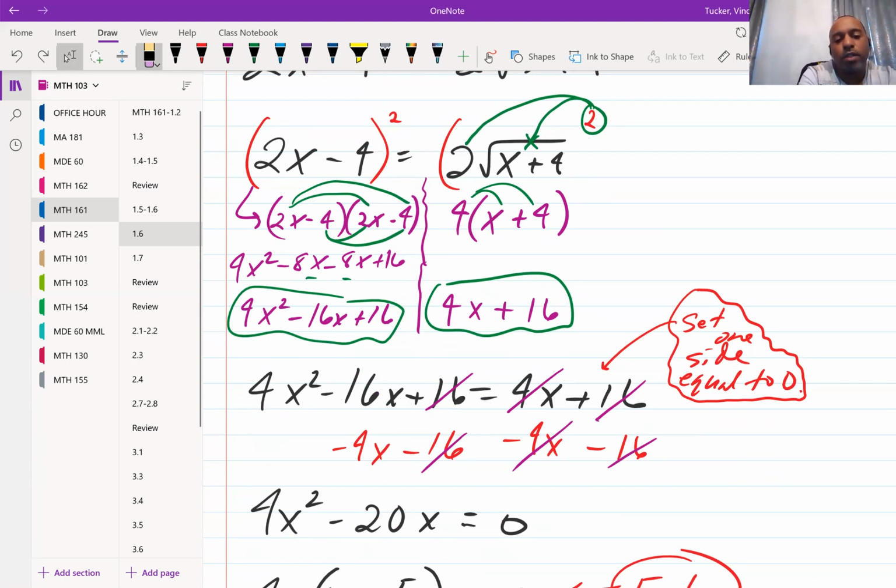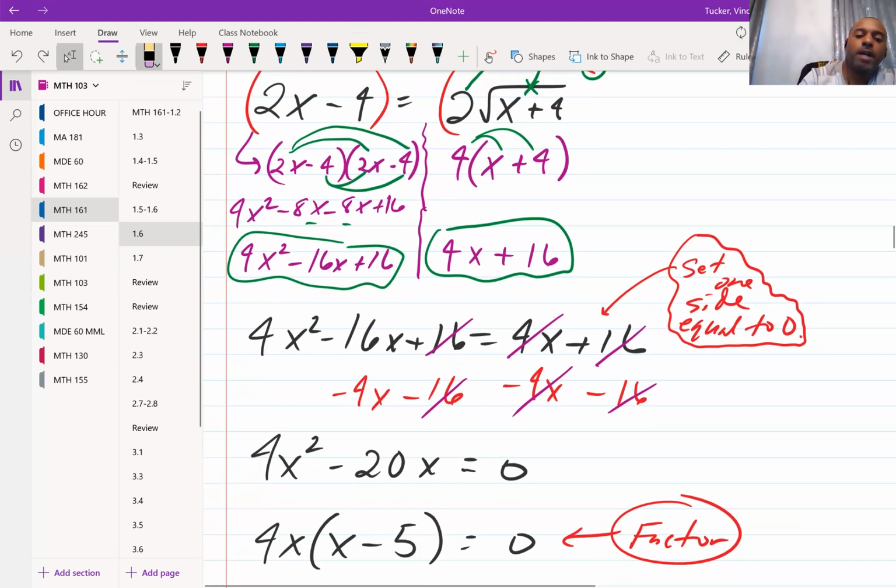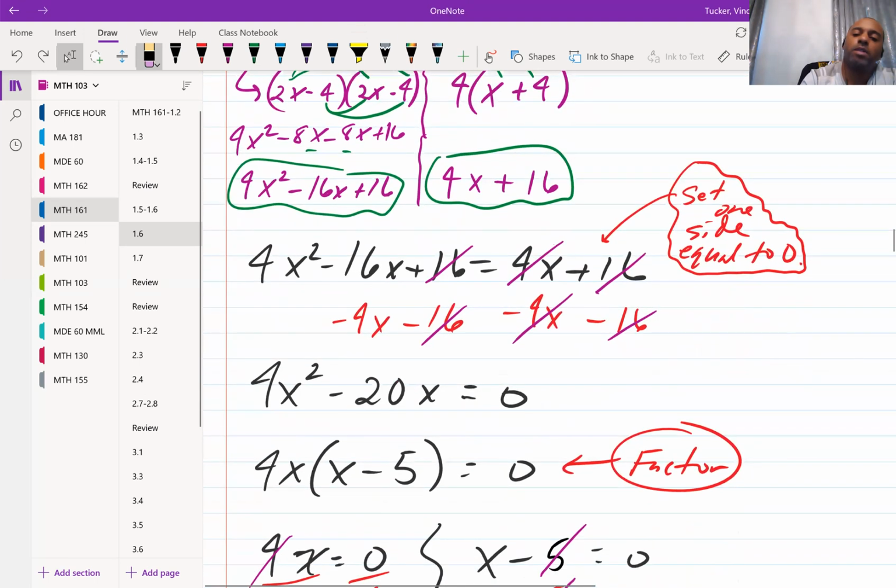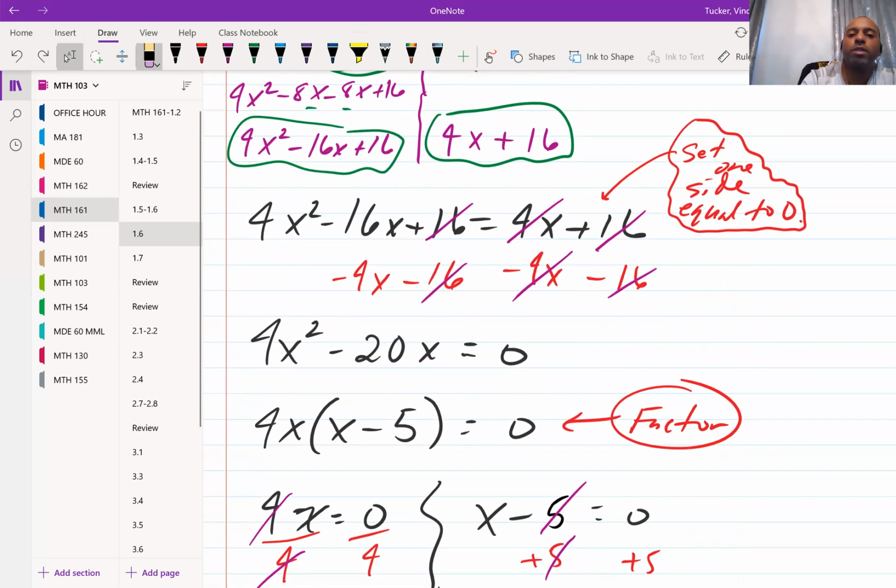It gives us 4x squared minus 20x equal to 0. Factor. So we can factor out 4x. Then we can set each part equal to 0 and solve.